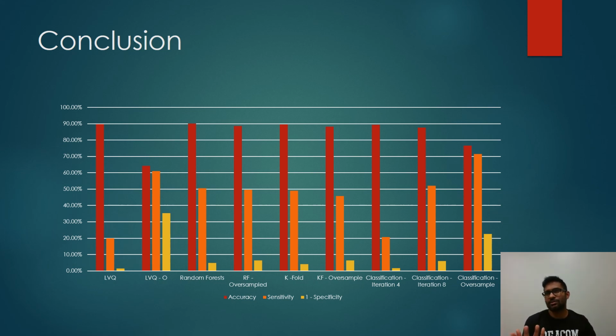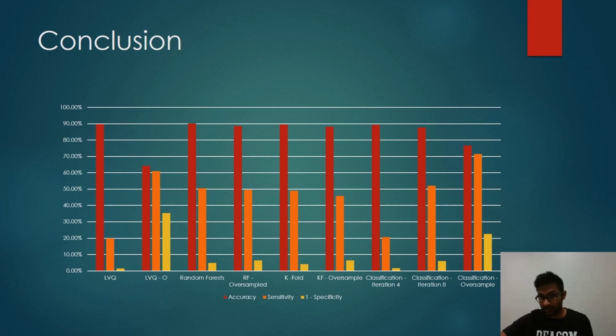Our naive value also had somewhere around 88. So we went for the sensitivity value. You can see the LVQ model with oversampling and the classification tree with oversampling have a pretty good sensitivity value. And if you want both accuracy and sensitivity, the random forest has 90% accuracy with a 50% sensitivity.